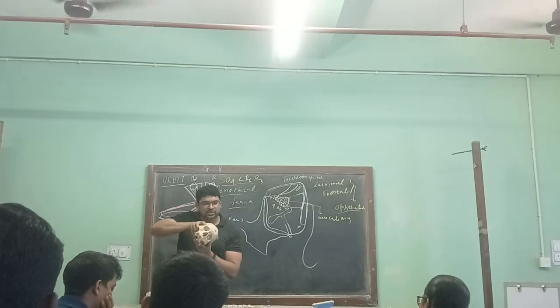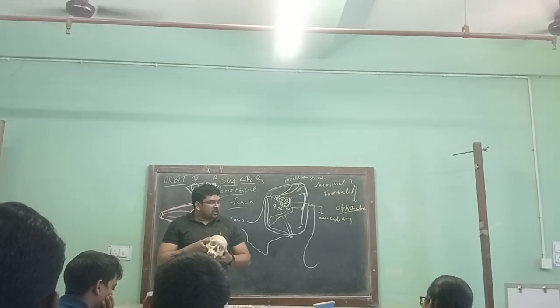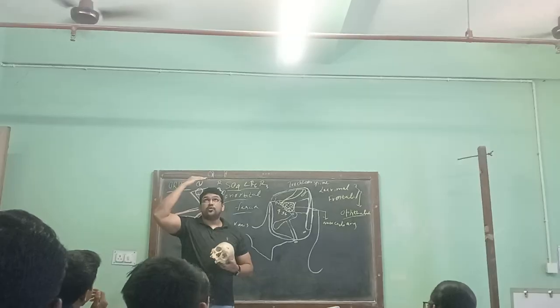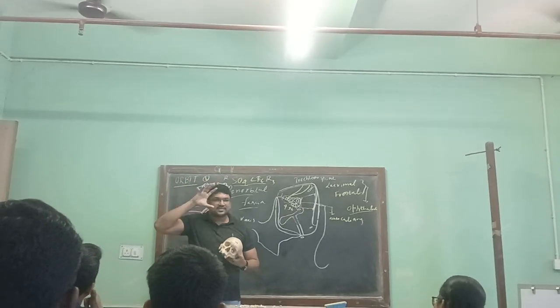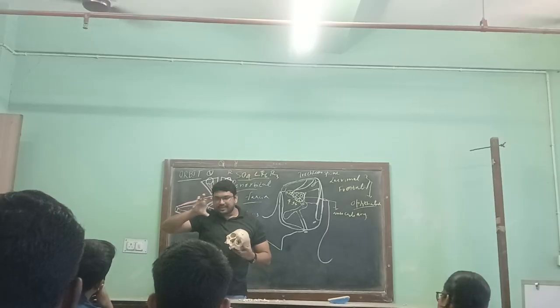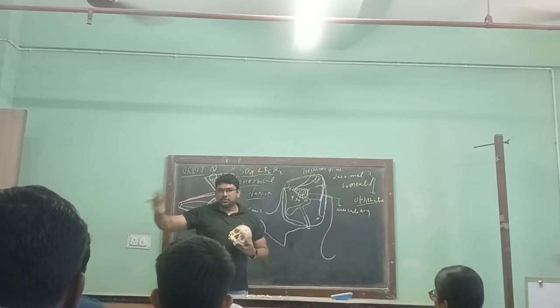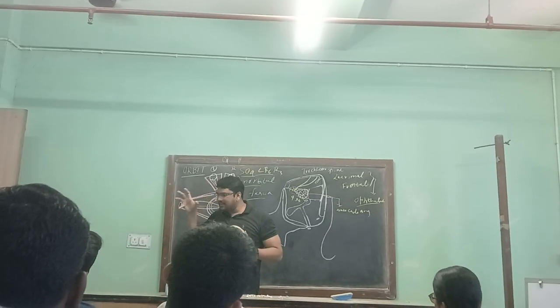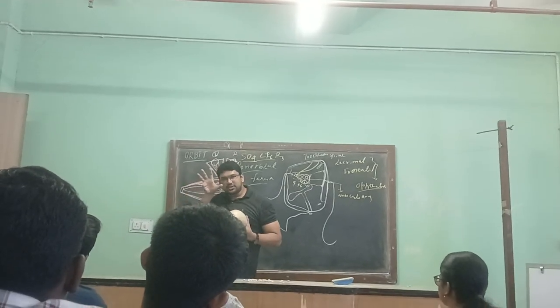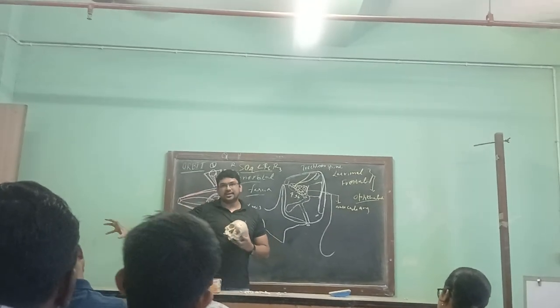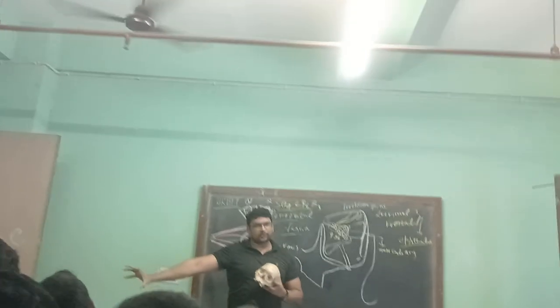Okay. Why are this intorsion and extorsion needed? For example, if I am looking above, which muscle is acting over here? Superior rectus. Below, inferior rectus. For example, if you are supposed to look obliquely downwards in this manner, then extorsion and abduction is needed. Do you understand? So extorsion and abduction must be needed to see obliquely downwards laterally.